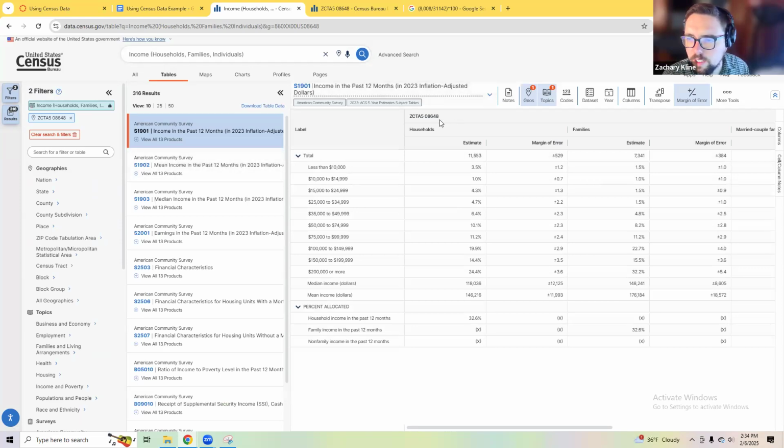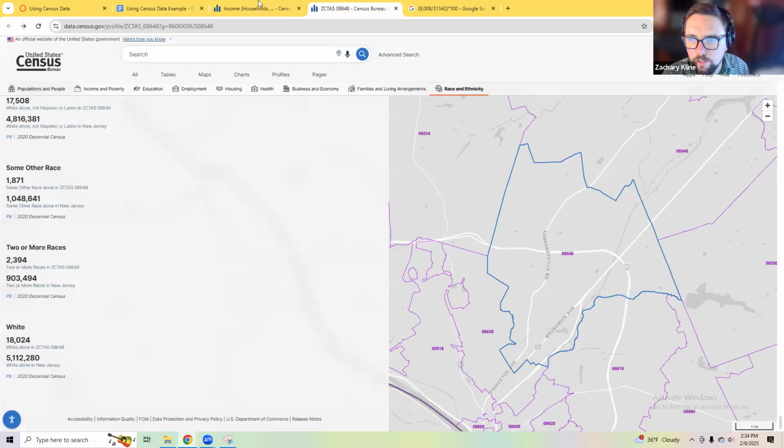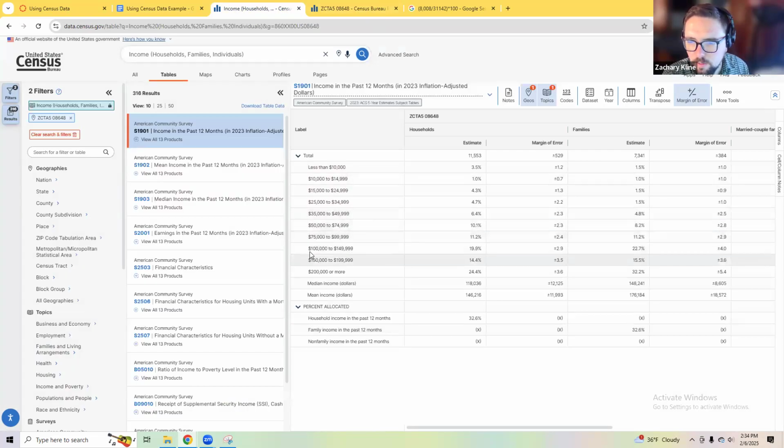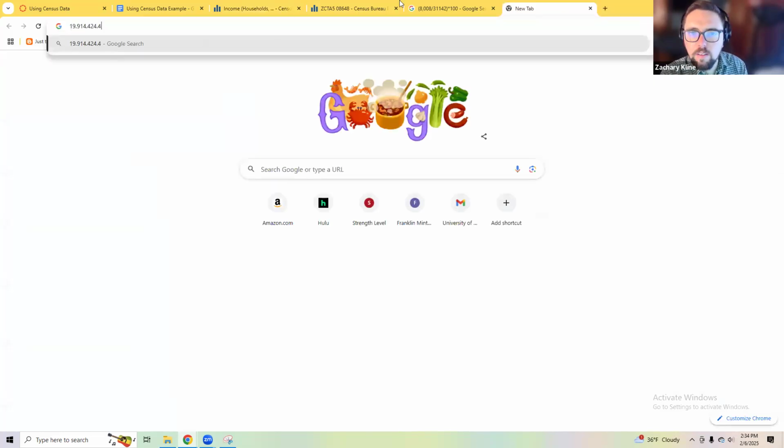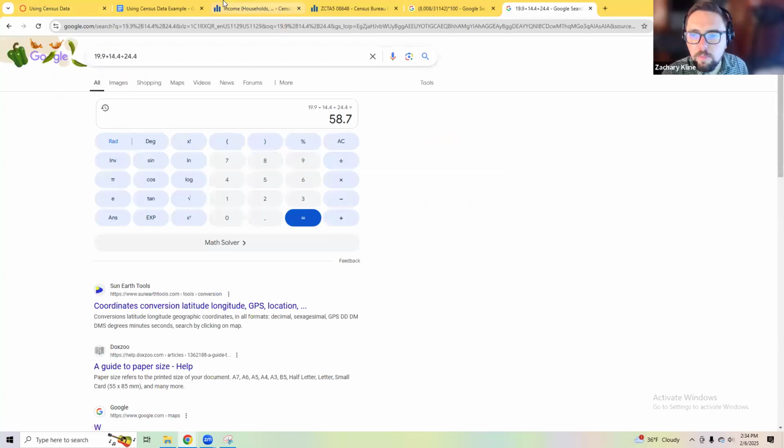And here we go. We're in our right zip code. This is by household income. Make sure we have household income that exceeds 100,000. So it's going to be all of these numbers here combined. So 19.9 plus 14.4 plus 24, this is 58.7.